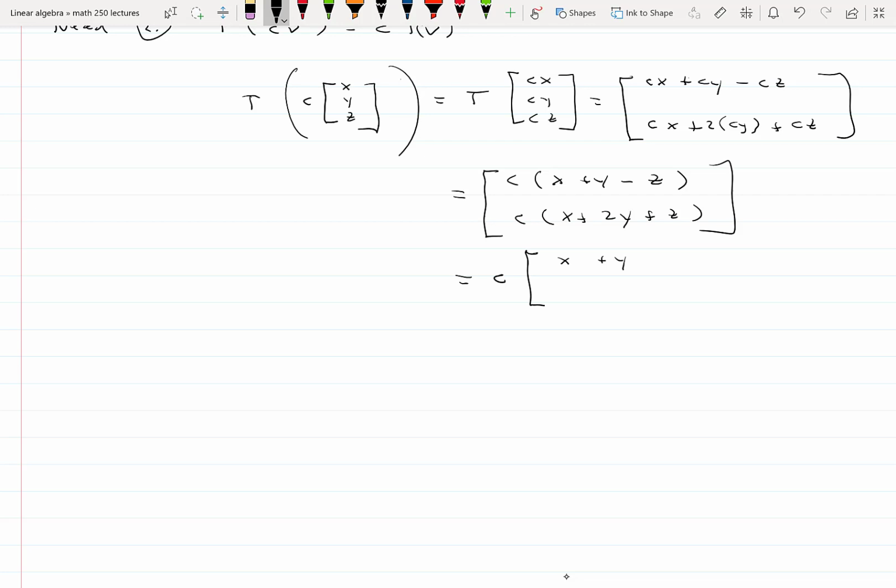So I can factor, if you will, the constant out. And this is C times what the transformation does to the vector (x, y, z). Done. I've shown that T of CV, a constant multiple of a vector, is a constant multiple of T of the vector, T of v.